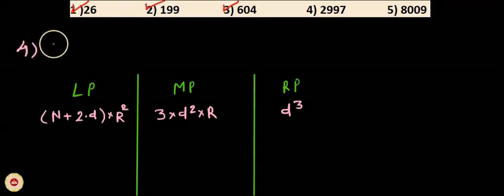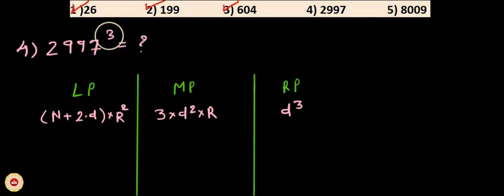Fourth example is 2997 cubed. What is nearest working base for the given number 2997? Clearly, working base for a given number is 3000. So 3000 is 3 multiplied by 1000.